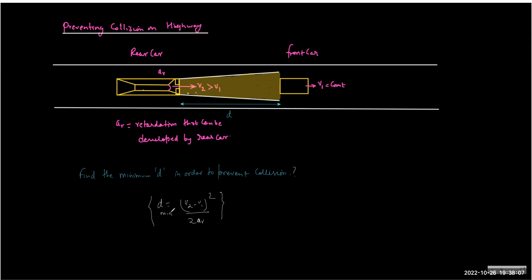You can see this answer is V2 minus V1 whole square by 2A. Just a minute.